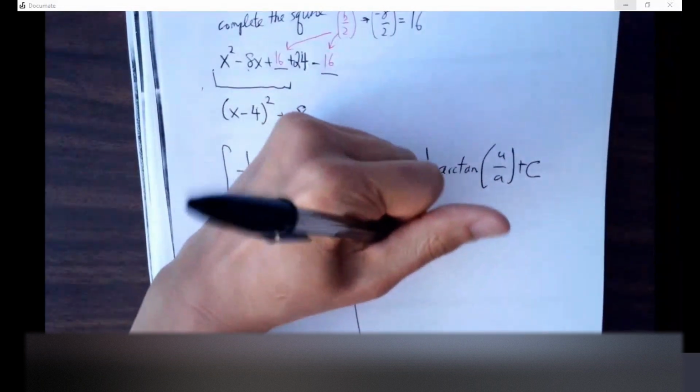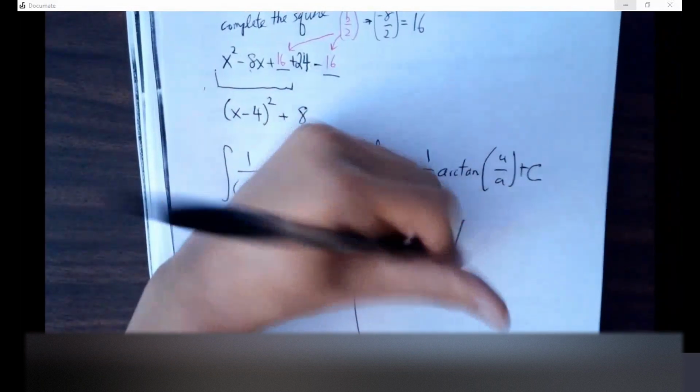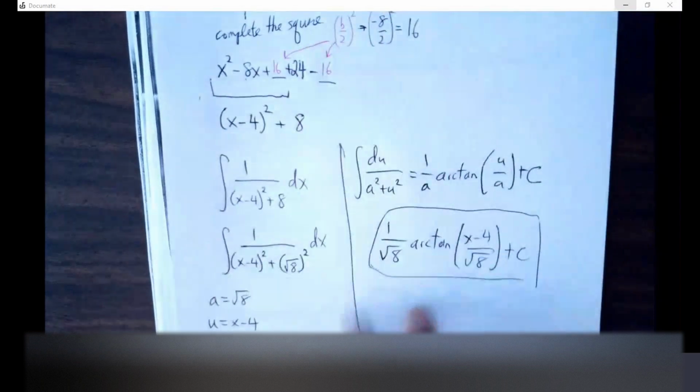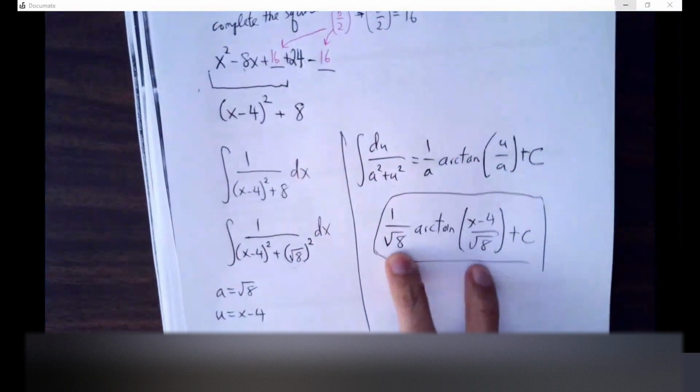My a value is root 8. Our arctangent of u over a. Let's see. It's okay to have radicals in the denominator. That's perfectly fine.